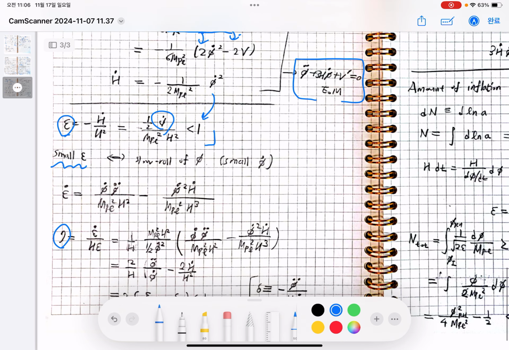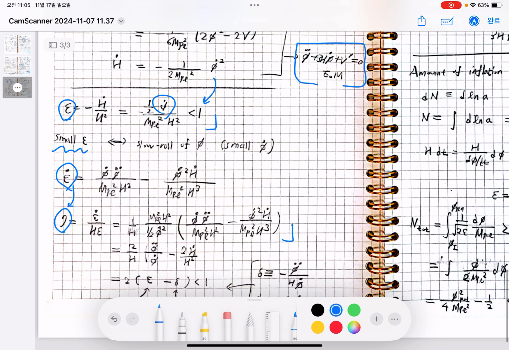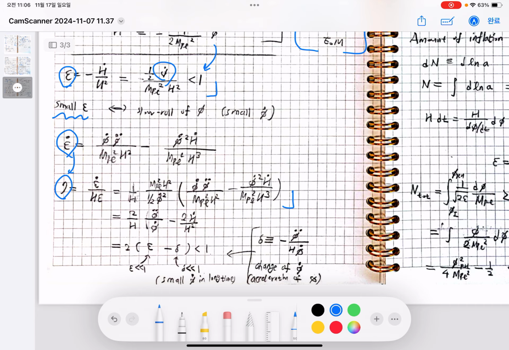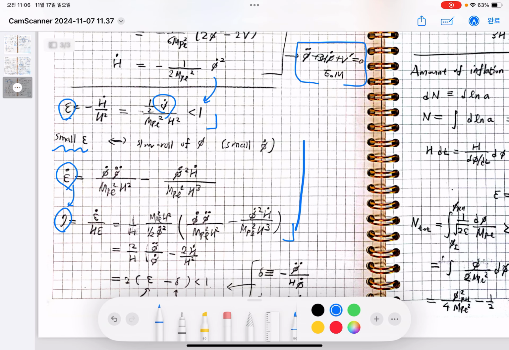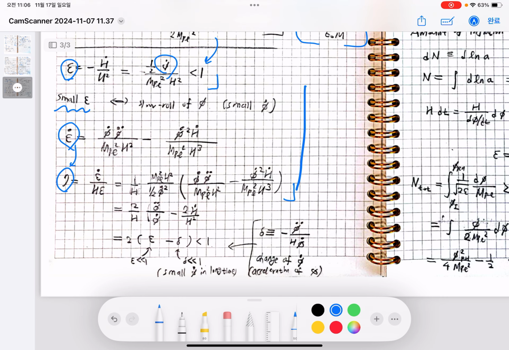And if we calculate epsilon dot to calculate eta, here are some evaluation processes. And this is that epsilon minus delta should be smaller than 1. Here are some issues. Epsilon is already smaller than 1, and to make eta small, delta should be smaller than 1.